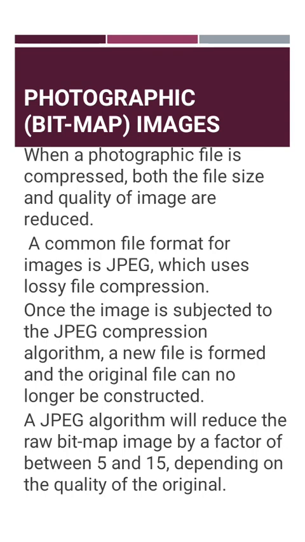So a JPEG algorithm will reduce a bitmap image by a factor of 5 to 15, depending on the quality of the original image, right? But all the data that has been compressed out is never recovered. This means you cannot get back the original file after compressing an image with the JPEG algorithm.